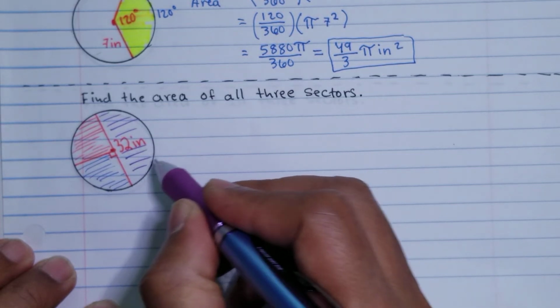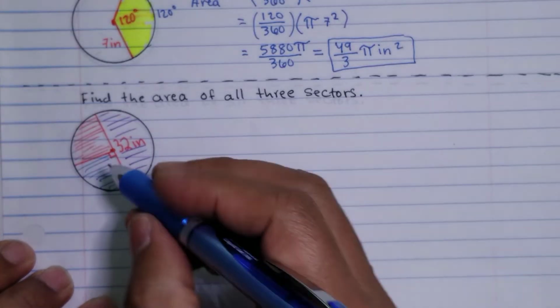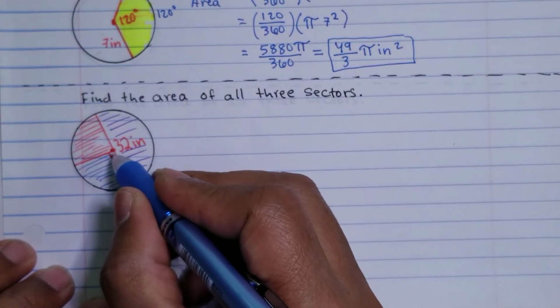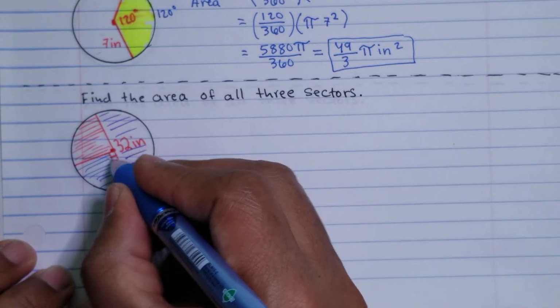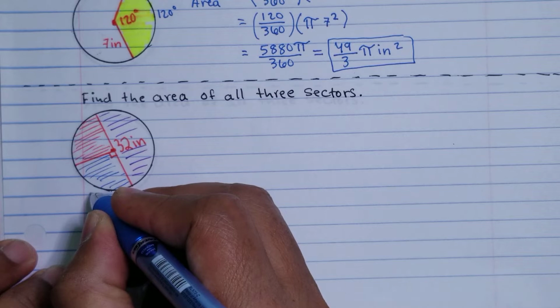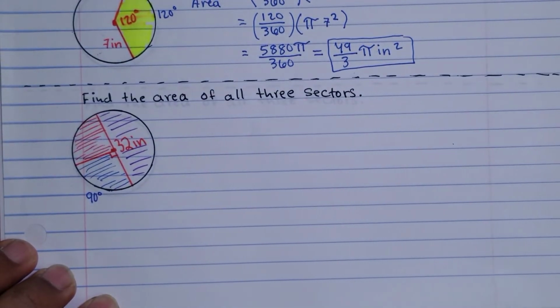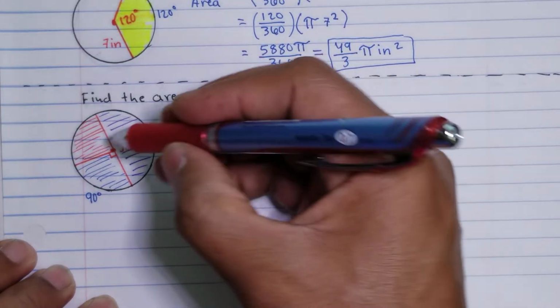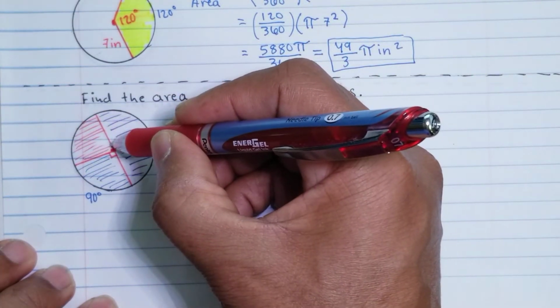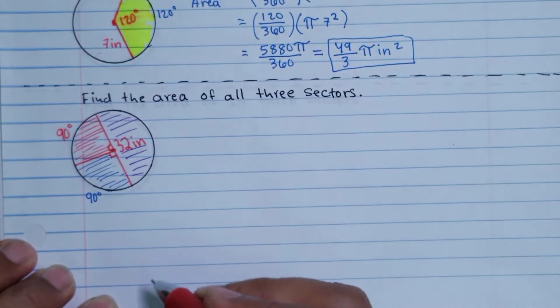So this sector. First of all, notice that this is a right angle, which means this central angle is 90 degrees. That tells us that this arc is equal to its central angle, so it's also 90 degrees. But if this is a right angle, then so is this one here, which means this arc is also 90 degrees.